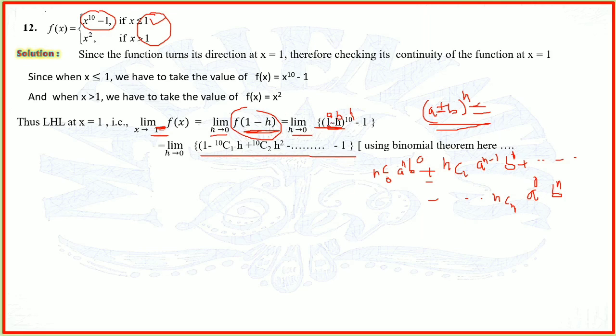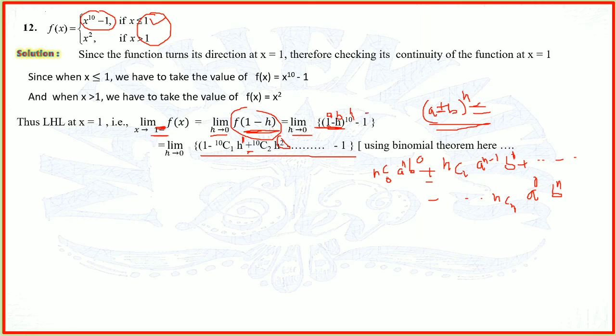Next, because here it is minus, h power 1 is an odd number, so it will be negative 10C1 h. Then plus, because here it is square, so it is positive, nC2 h square, and so on, up to 10 terms, which I'm not going to write.